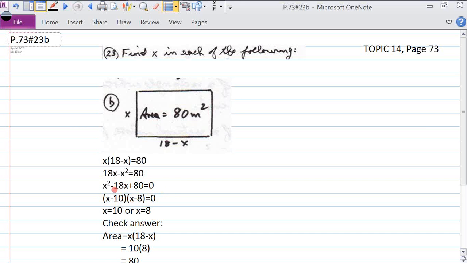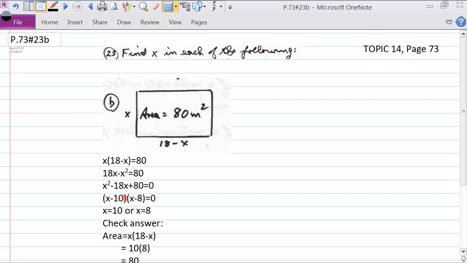So now the factors, first of all, if this is negative and this is positive, the factors have to be negative, negative. And you could use 5 and 16, but there's no way they would sum to give you 18x, so you have to use 10 and 8.